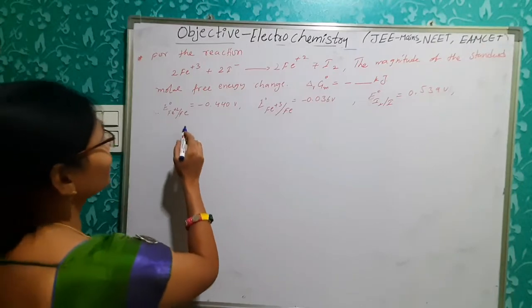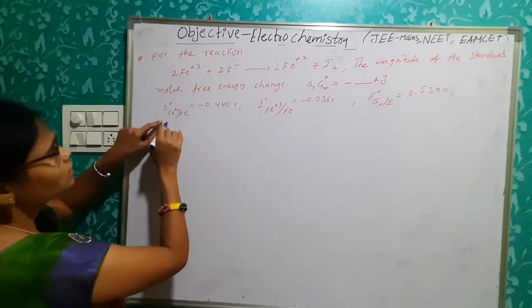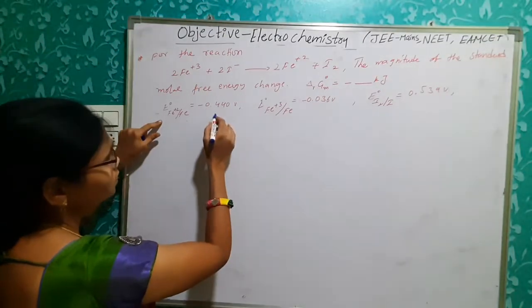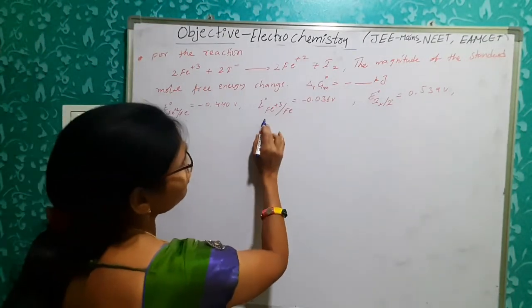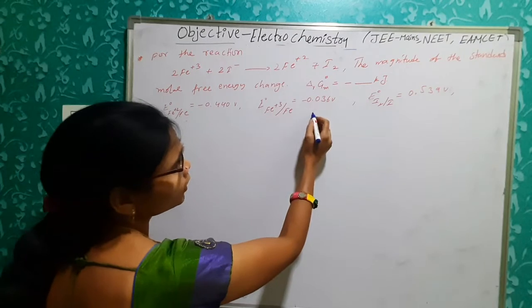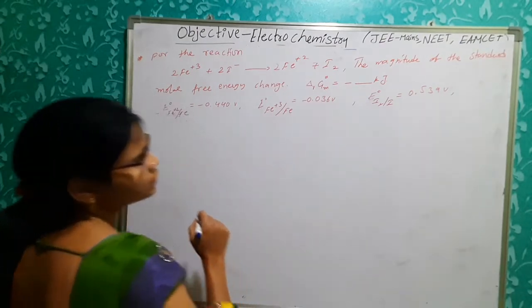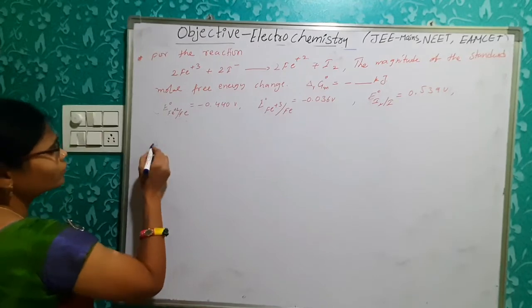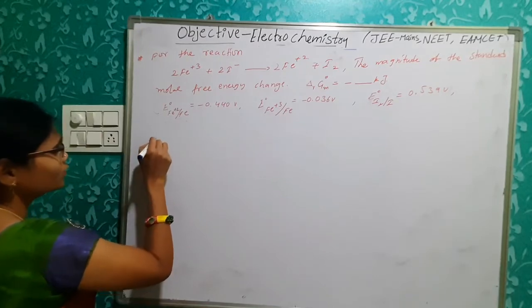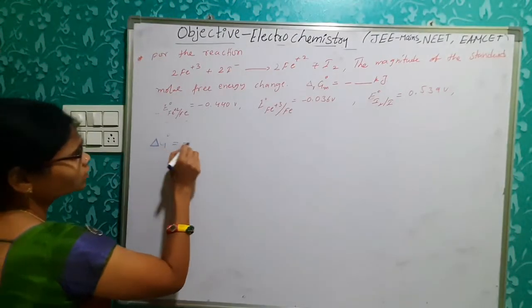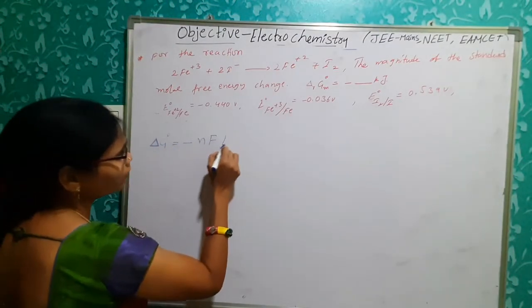The standard E° for Fe²⁺/Fe is given as -0.440 volts, and for Fe³⁺/Fe as -0.036 volts. For calculation of ΔG°, ΔG° is equal to minus nFE°cell.